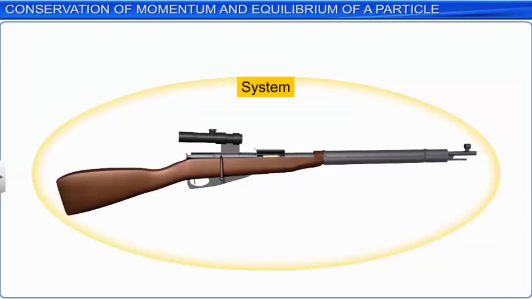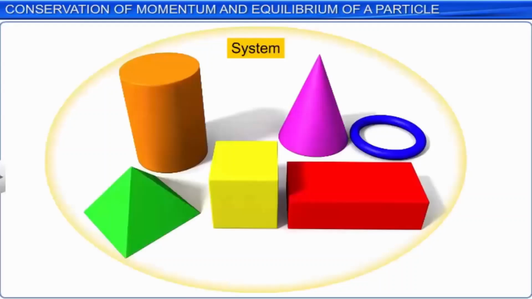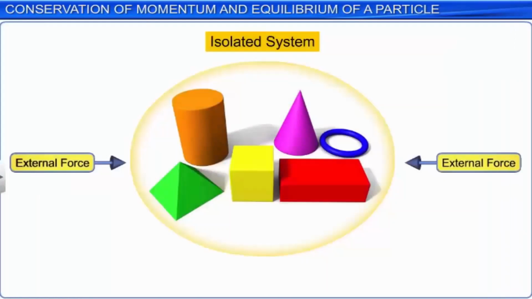The law of conservation of momentum states that the total momentum of an isolated system of interacting particles is conserved. System here refers to a conglomeration of particles or bodies. For an isolated system, there are no external forces acting on it.